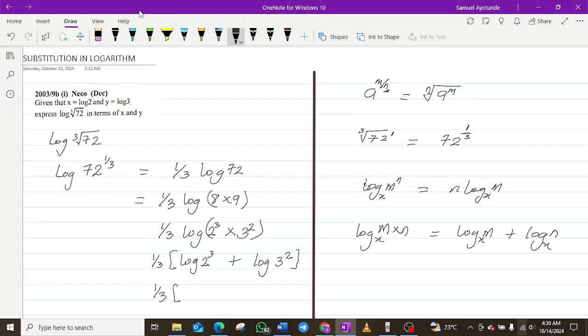I can apply the same law I applied to the power of 72 here, that is, power becomes coefficient. So I will have 3 log 2 plus 2 log 3.